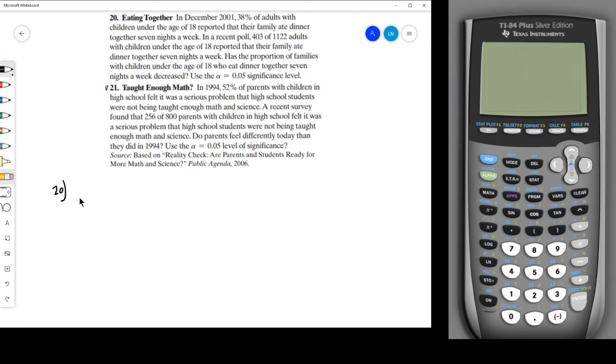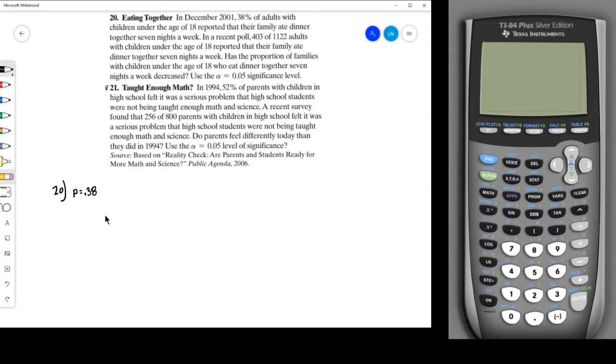In December 2001, 38% of adults with children under the age of 18 reported that their families ate dinner together 7 nights a week. The only thing that's important there is the 38%, because that is the proportion that we are starting with. So that is our p. So p is 0.38. That is going to be what we're assuming is true until we can show otherwise.